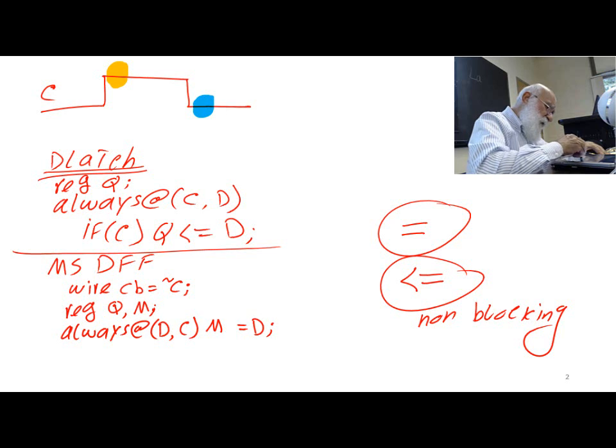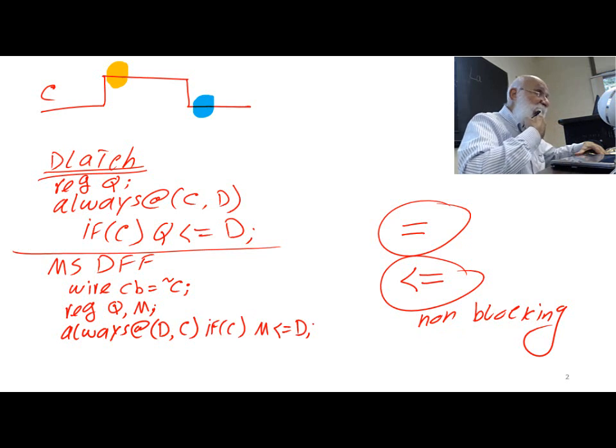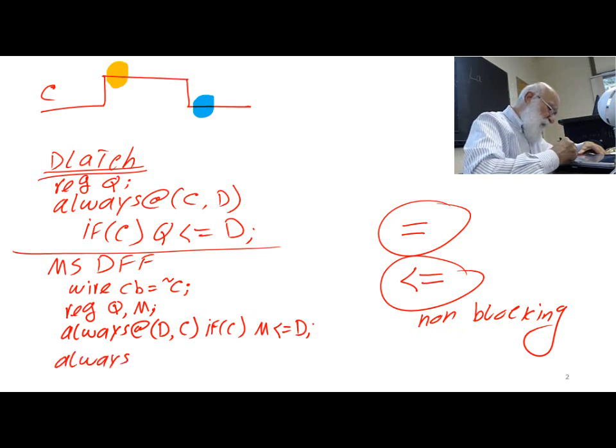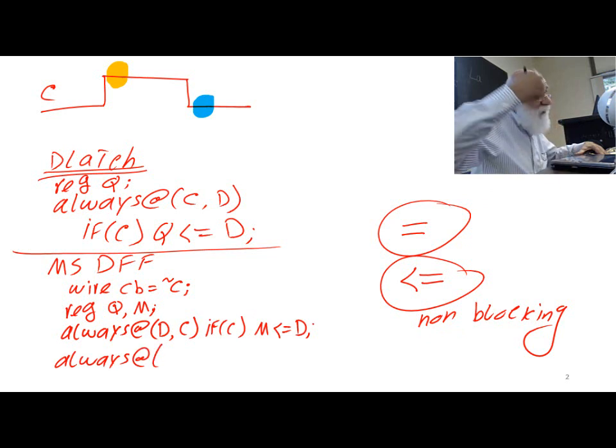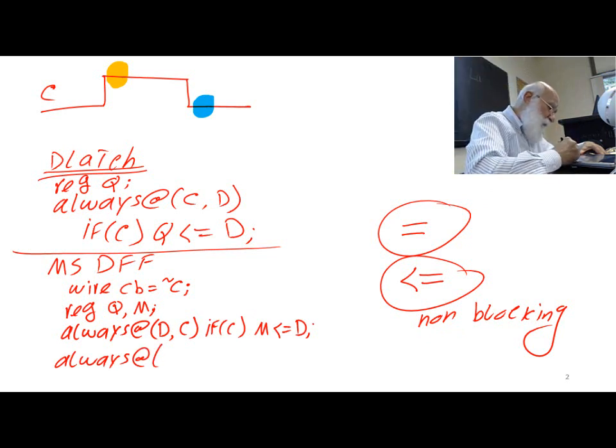I'm sorry, I missed the if C, M gets D. The next one, always at, the input of the next one is M, the clock of the next one is CB, clock bar, and then I say if clock bar, then Q gets M.